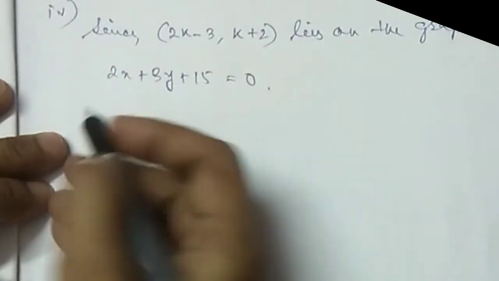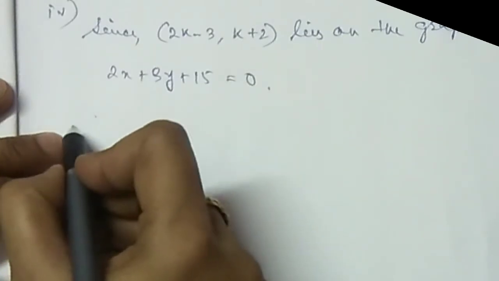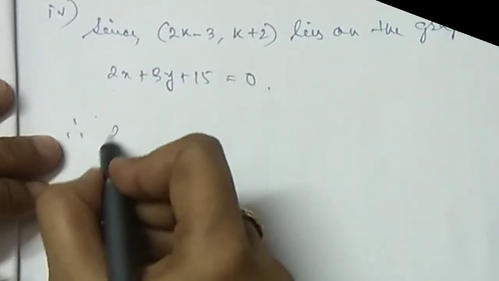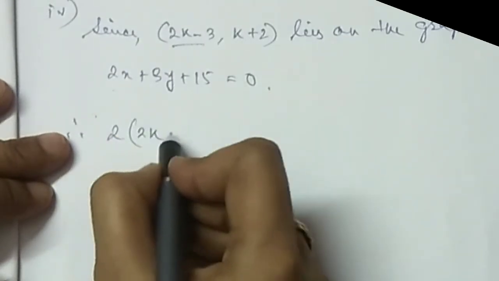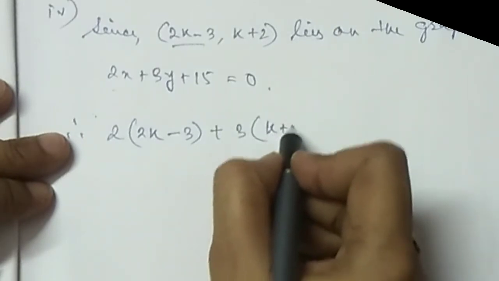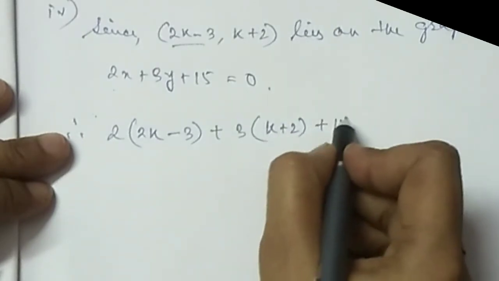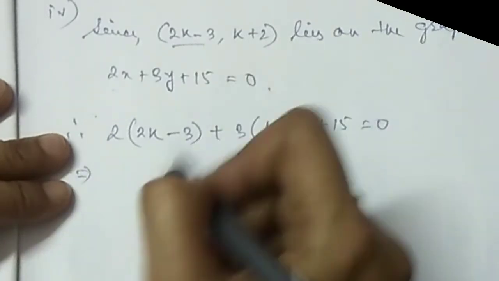Since we need the value of k, therefore you go on placing the values. For x you place 2k minus 3, for y you place k plus 2, plus 15 is equal to 0. It satisfies the equation.